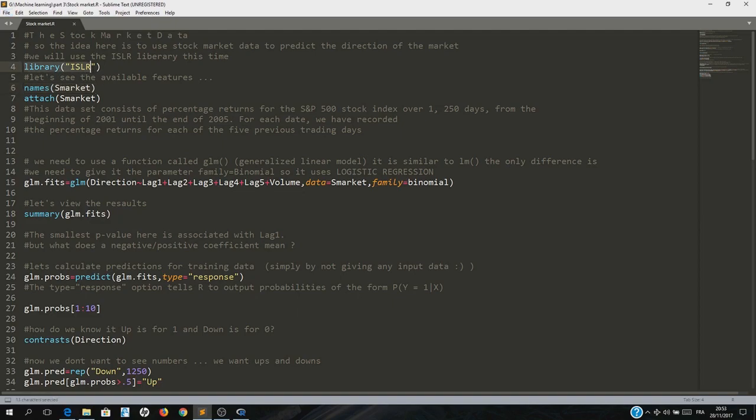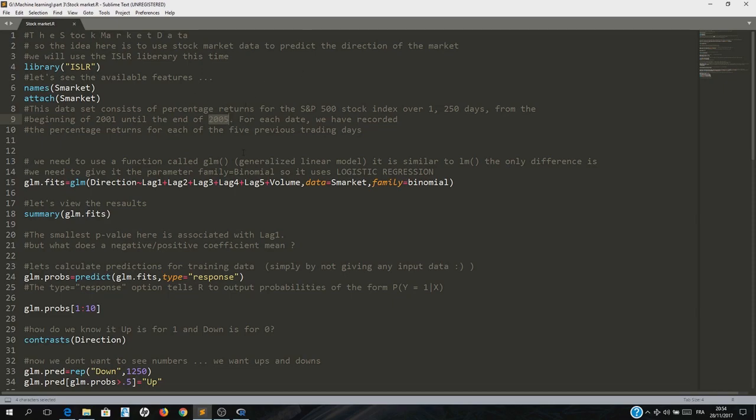So you just need to call this function to download the data, and inside this library there are many data sets. The one we're going to use is called SMarket, which stands for stock market. This data consists of percentage returns for the stock market index over 250 days, from 2001 until 2005.